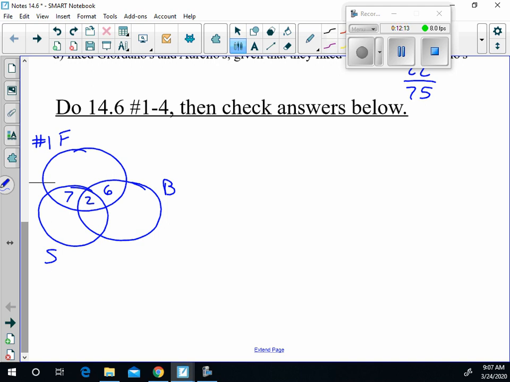Uh-oh. It appears that I have put something in the wrong place. Not a problem. If we make a mistake, we go back and do the quick erase. Which one did I put in the wrong place? Looks like I put the football and basketball in the wrong place. So football, basketball should be the 5. I see, I twisted my drawing a little bit.